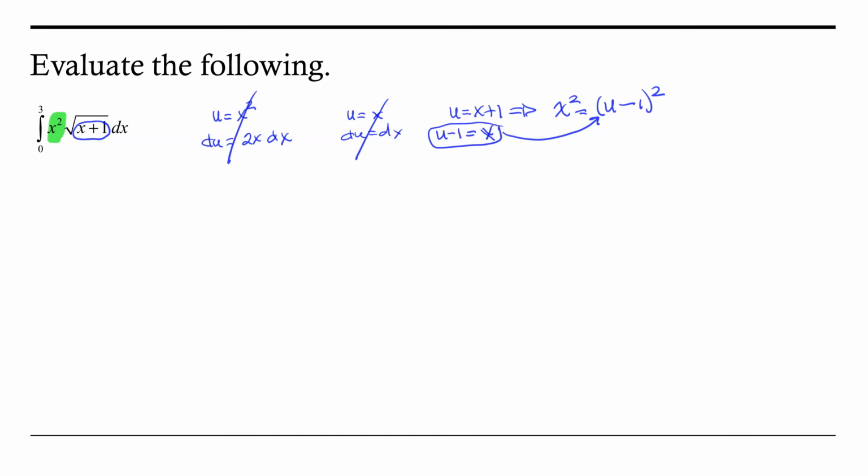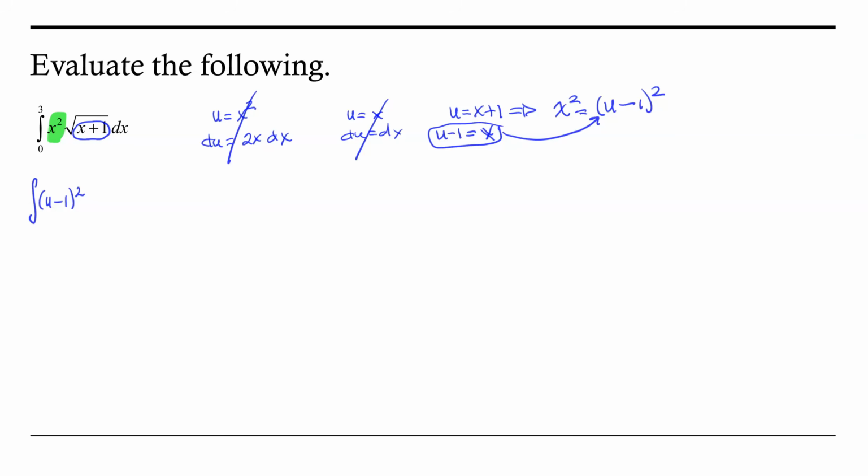You're probably thinking, okay, but how does that actually play out? Well, let's take a look. If I do that, then my x squared becomes u minus 1 squared.